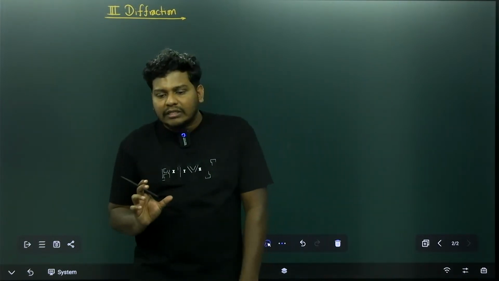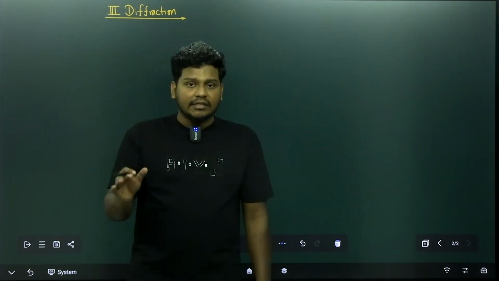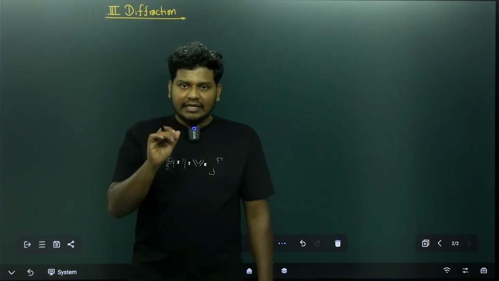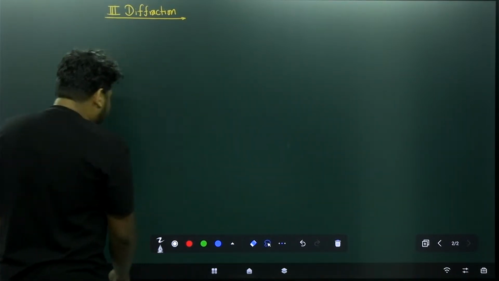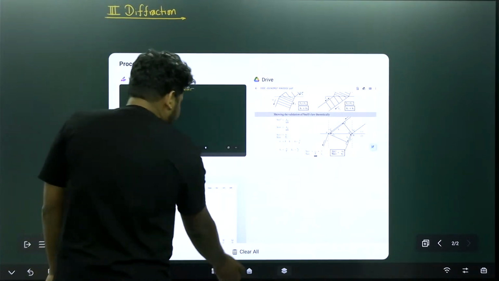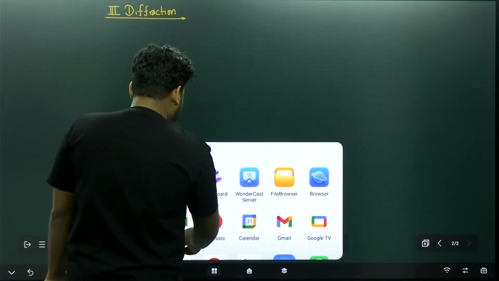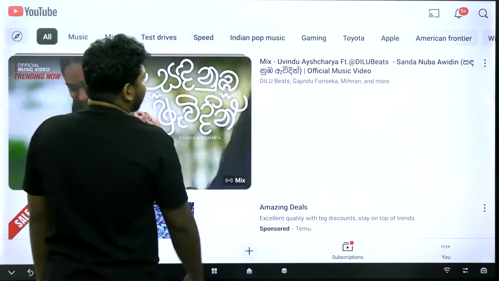When a wave is passing through a small hole, how the patterns look is diffraction. I can explain the diffraction here, and I can show you the diffraction as well.